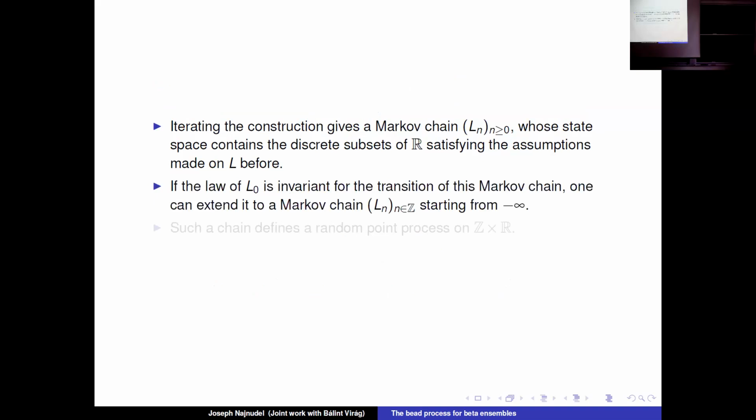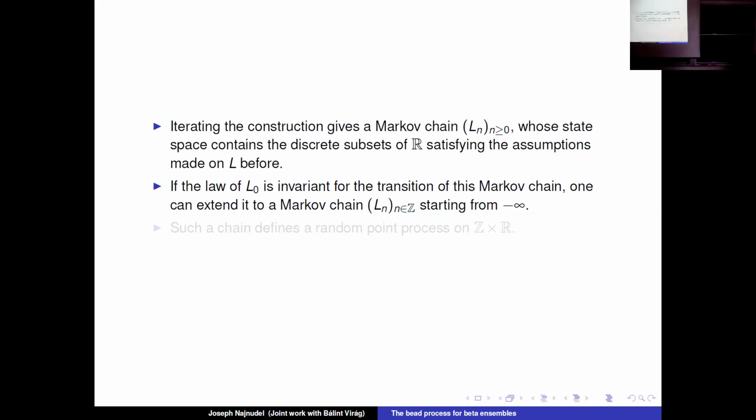And if the law is invariant for this Markov chain, which means that the distribution of this point process is the same as the distribution of this point process, then we can couple the Markov chain and get something stationary.